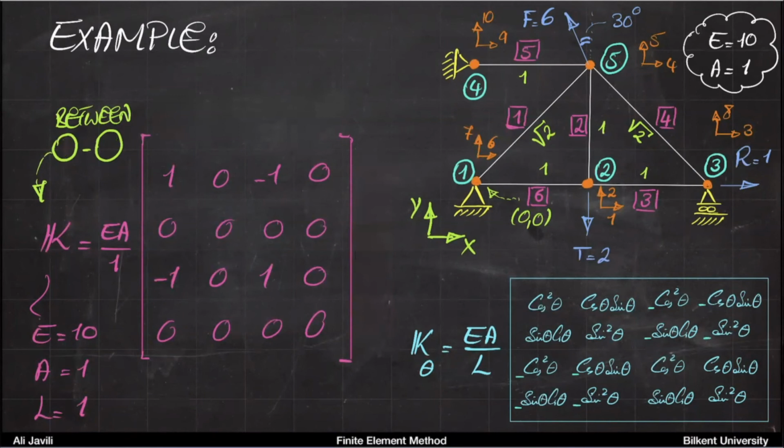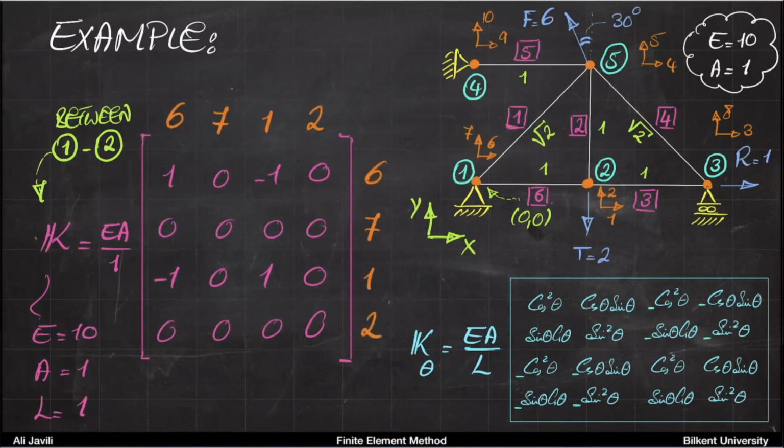So it's exactly the same thing as it was for element 5, but now it's between nodes 1 and 2. And that means it's corresponding to the degrees 6, 7, 1, 2.